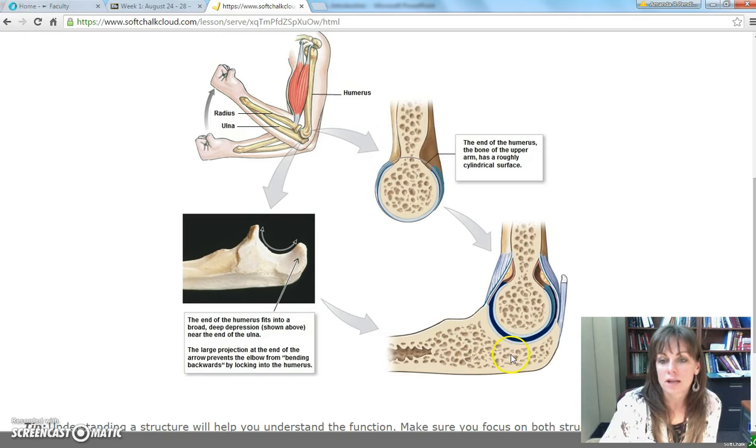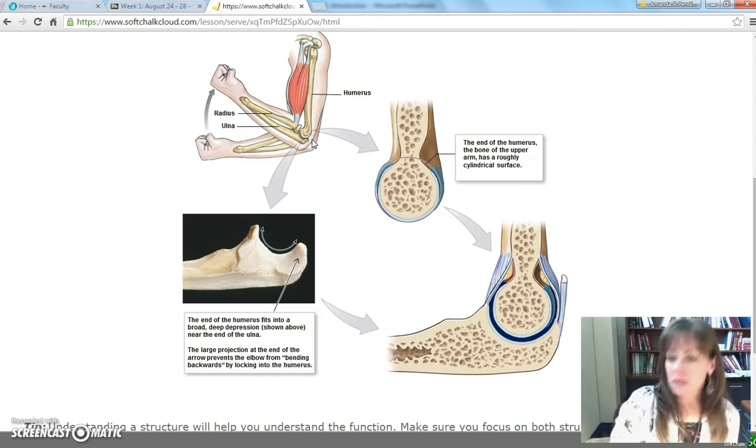When you straighten your arm out, this notch hits the back of this bone, and that's what prevents you from being able to hyperextend your elbow unless something's broken. So the structure of how these bones fit together is what allows you to bend your elbow in some ways, but not in others.